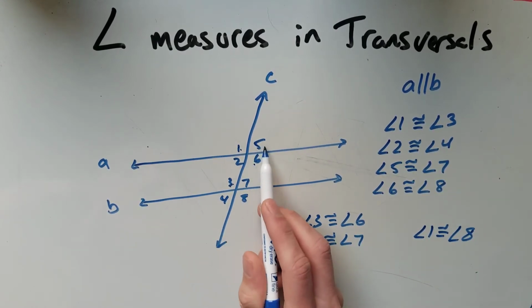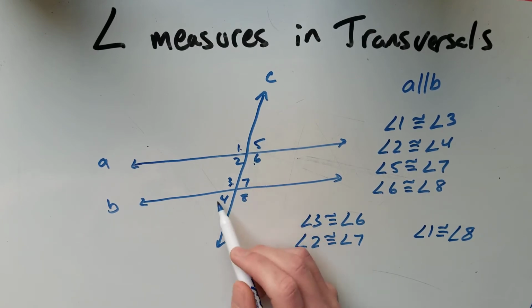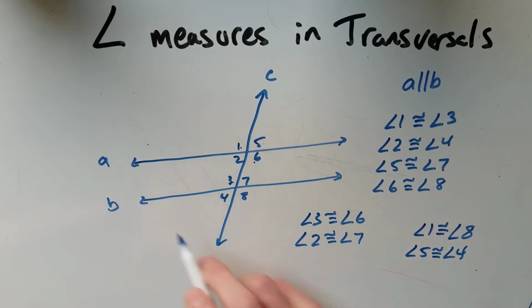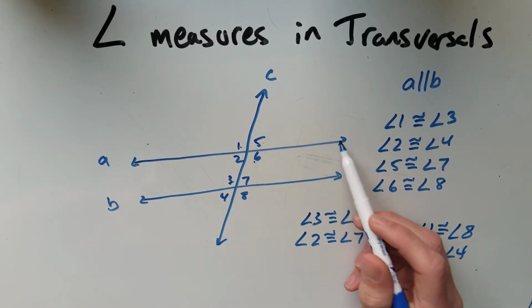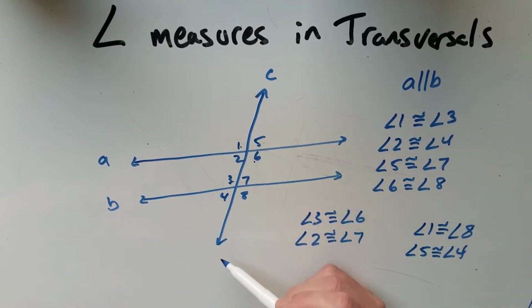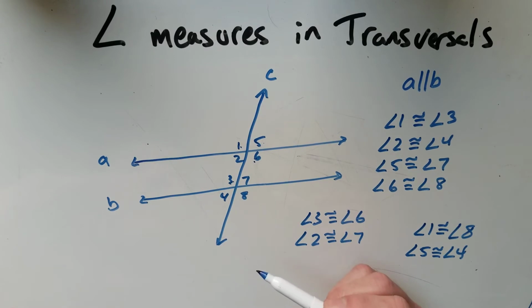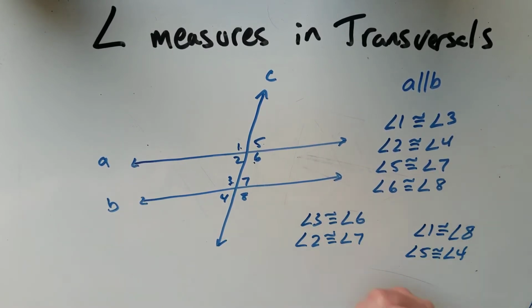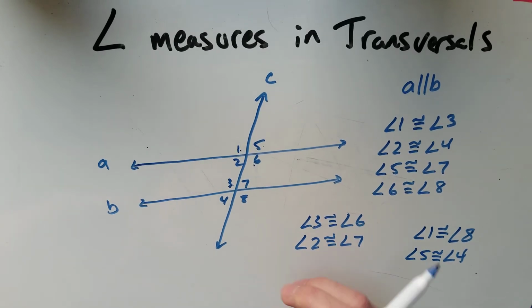And likewise, the other pair of alternate exteriors, angle 5 and angle 4, are going to be congruent as well. So in a transversal, if we have two parallel lines being cut by a transversal, then corresponding angles are going to be congruent, alternate interior angles will be congruent, and also alternate exterior angles will be congruent. And we can use these to find missing measurements.